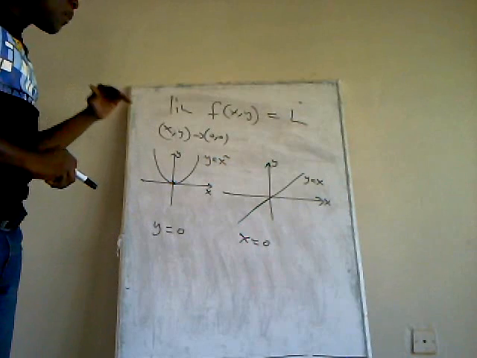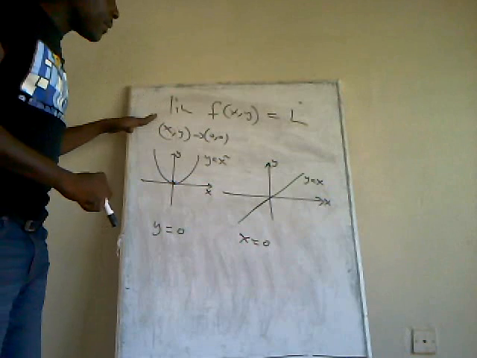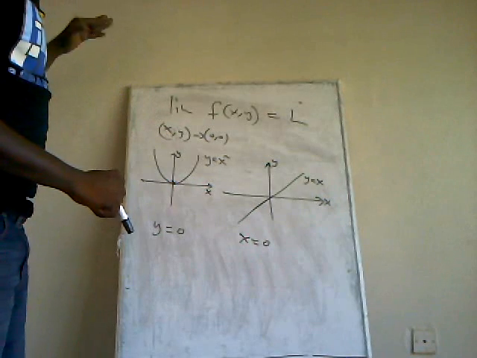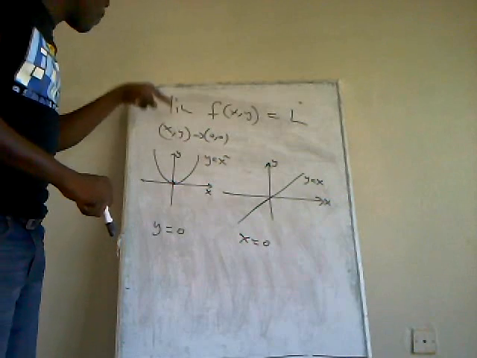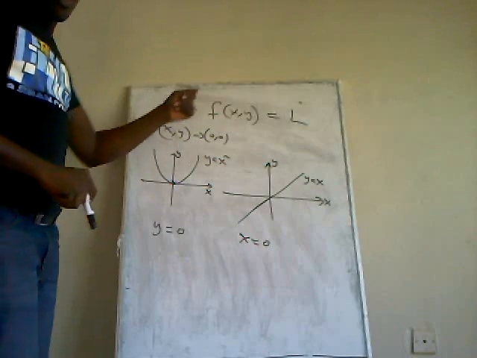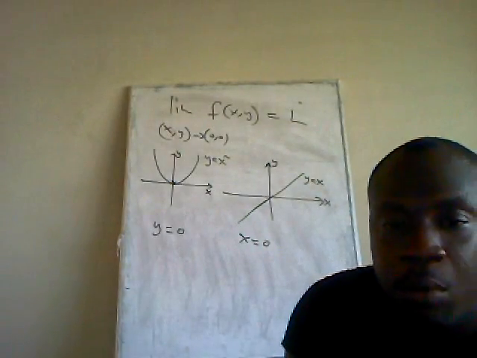So the accumulation point theorem says that if the limit exists, then the limit along all the lines that pass through that point must also be equal to the original limit. Okay, let's see what we can do here.